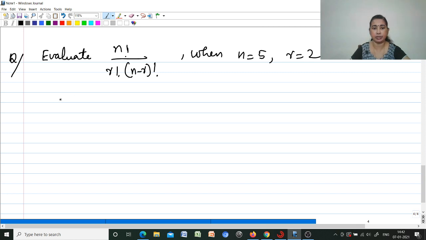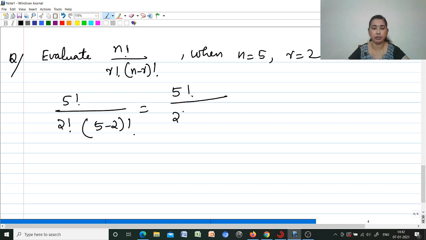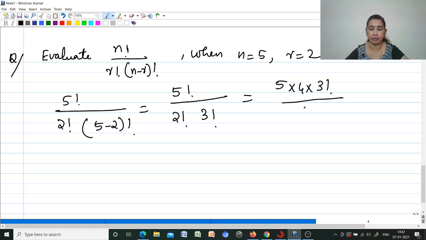So this can be written as 5 factorial by 2 factorial into 5 minus 2 factorial. That is 5 factorial by 2 factorial into 3 factorial, and 5 factorial is 5 into 4 into 3 factorial divided by 2 factorial into 3 factorial. This 3 factorial gets cancelled, we get 5 into 4 by 2 into 1, or 5 into 2, that is 10.